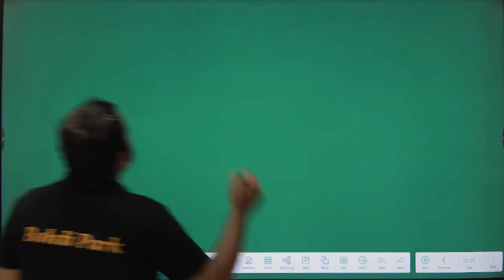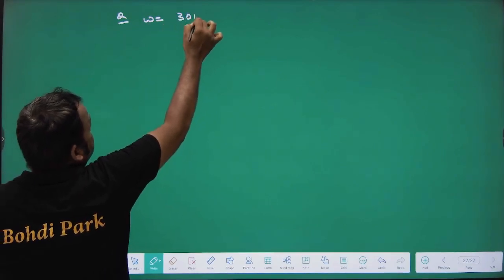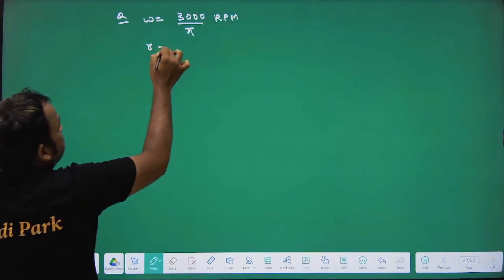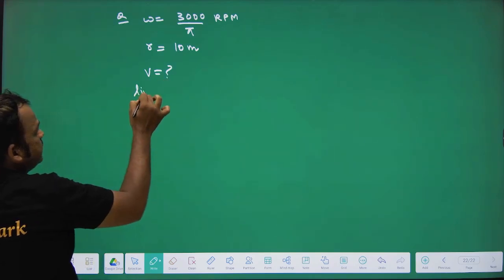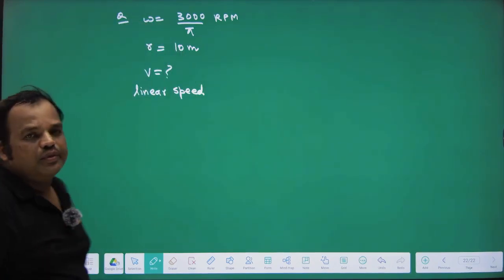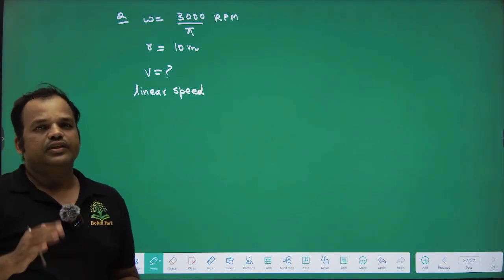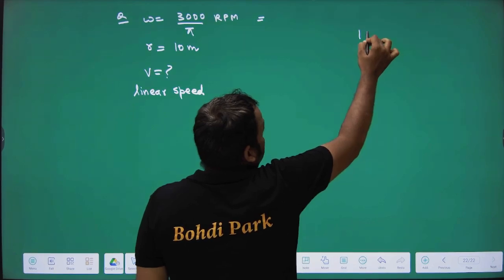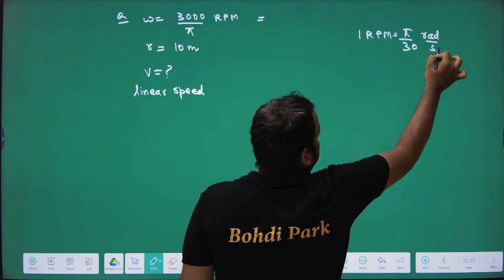Suppose omega is given as 3000 by pi rpm, radius is given as 10 meter, then how to find linear speed? We will first convert this omega into radian per second, because the SI unit is radian per second. We have the formula 1 rpm is equal to pi by 30 radian per second.